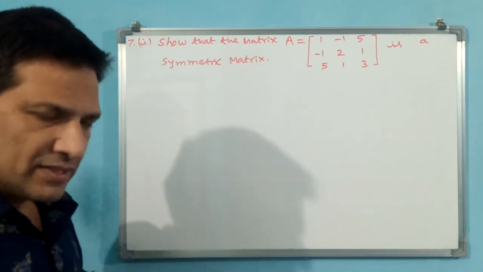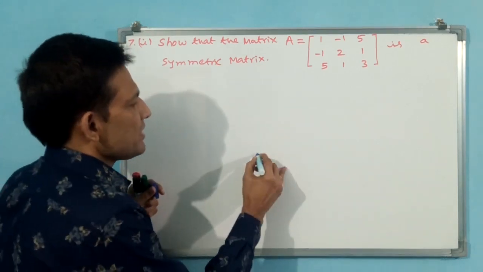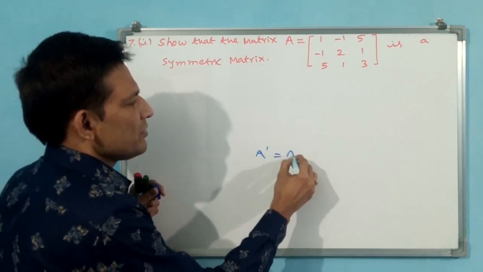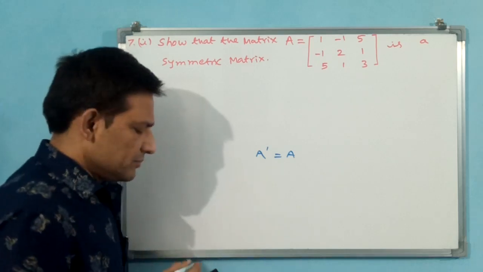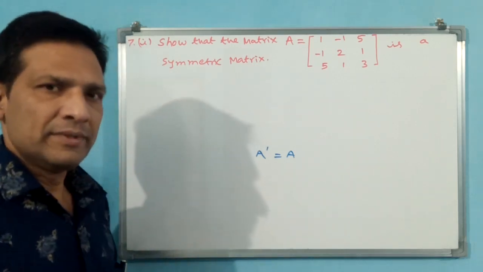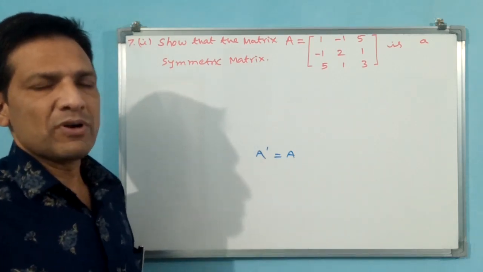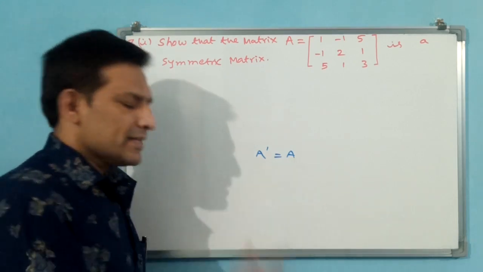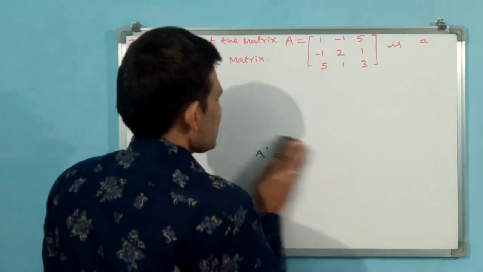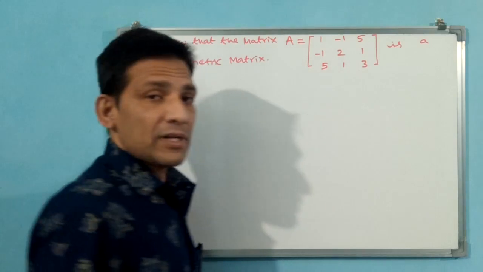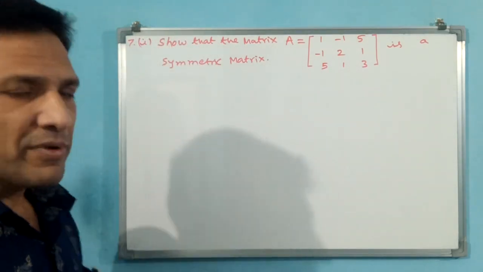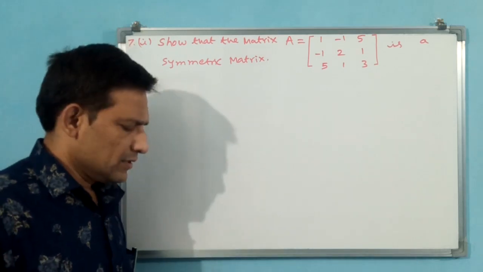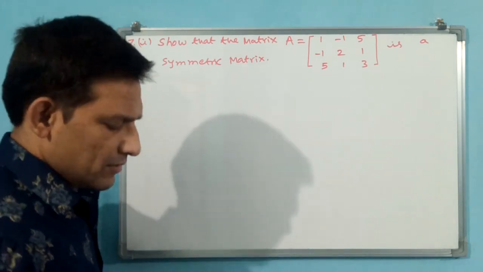That means A transpose is equal to A. If the same matrix comes even after transposing, then this matrix is called a symmetric matrix. Without transposing also we can tell, but from the examination point of view, you have to do the process of transposing.